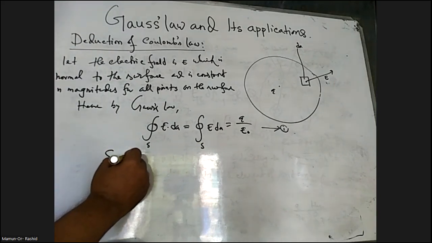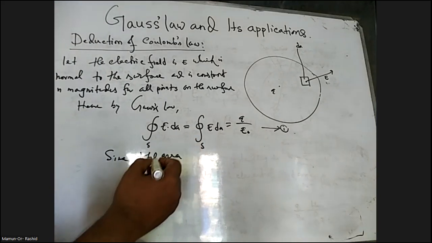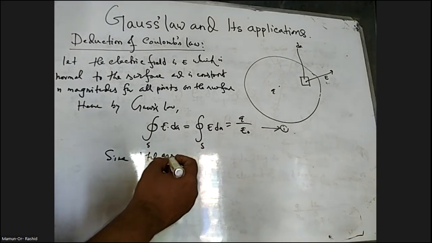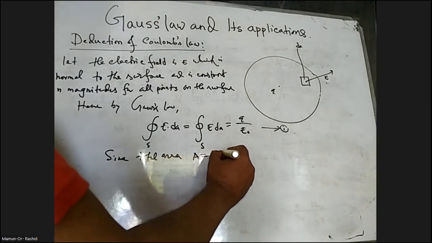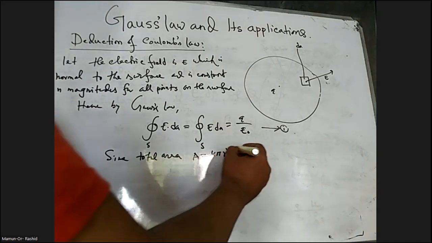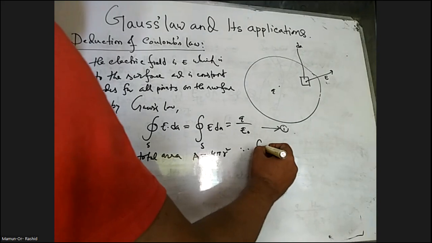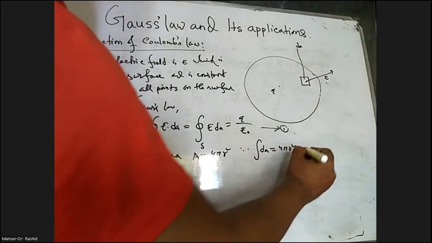Since the total area equals 4 pi r square, that is, the total surface equals 4 pi r square.